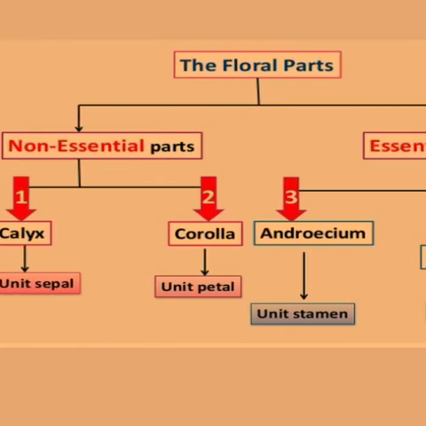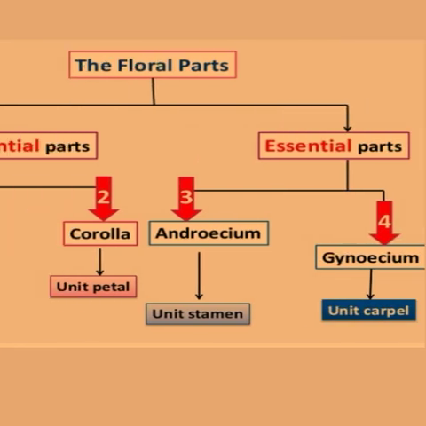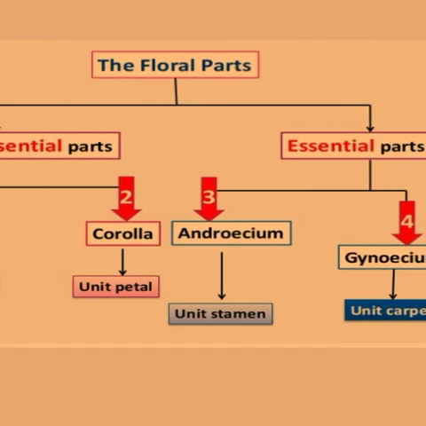In the non-essential parts, there are the calyx and the corolla. Calyx is made up of sepals, and corolla is made up of petals. Then in the essential parts, androecium and the gynoecium. Androecium is made up of stamens, and gynoecium is made up of carpels.